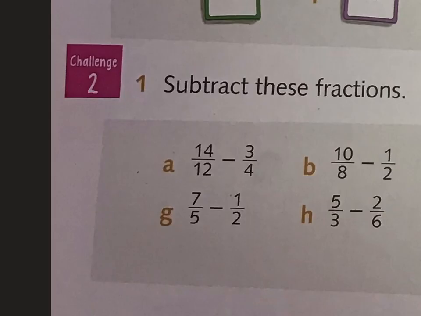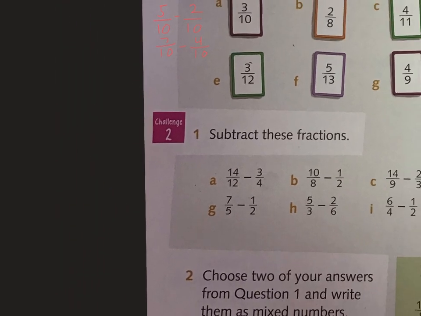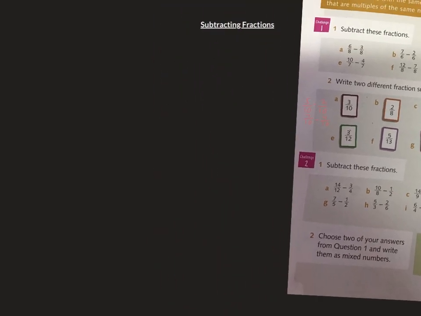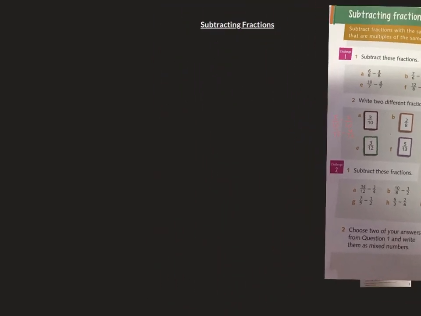In challenge 2, question 1, we have to subtract fractions where the denominator is different. So the same as we've been doing this week in a few of our different fraction activities, we're going to have to make the denominator the same in order to be able to do this. So the first sum says 14/12 take away 3/4. So we look at our denominators. 4 divides into 12, so we can change our quarters into twelfths.